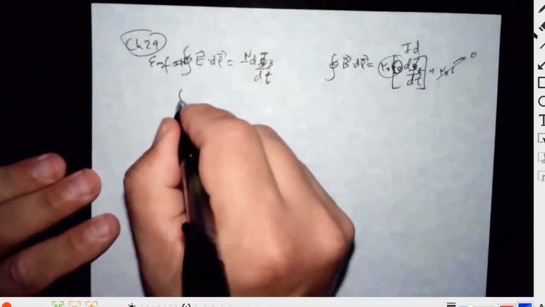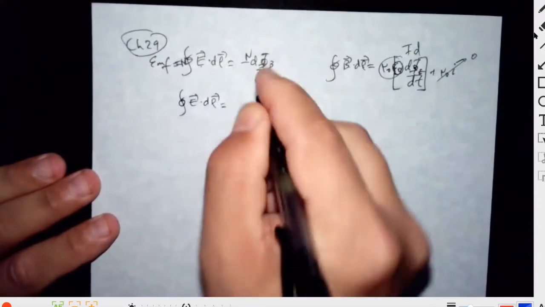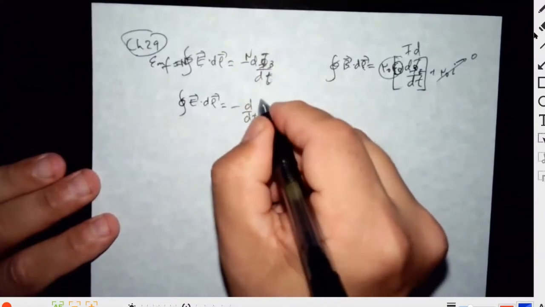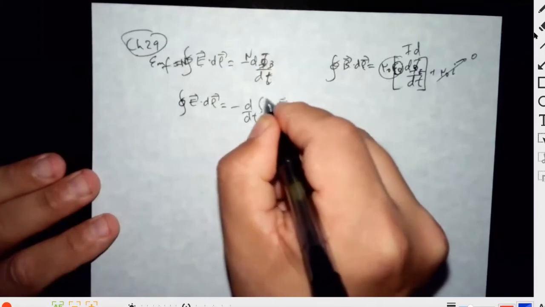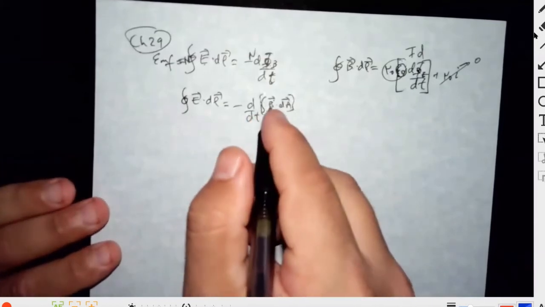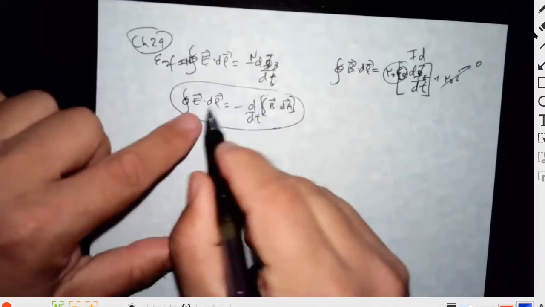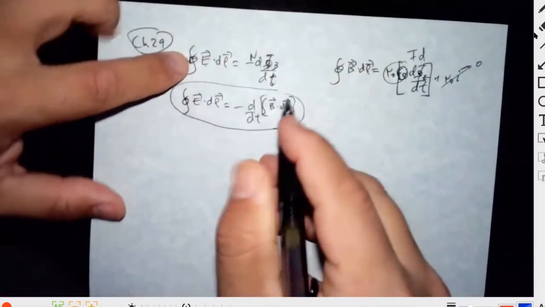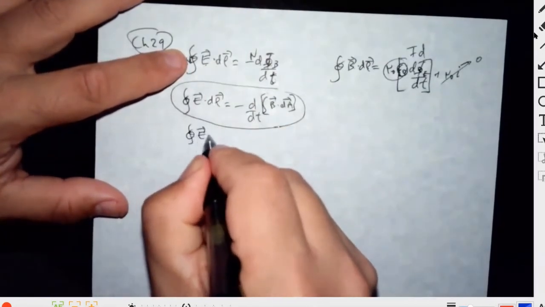So we have here E dotted into dl equals negative d/dt, and then flux is B dotted into dA. This is just focusing in on the integral portion.